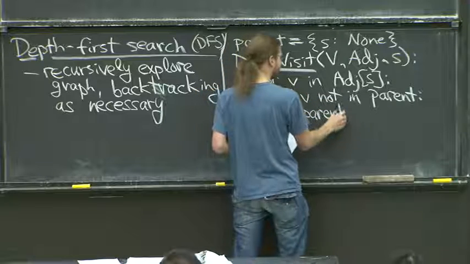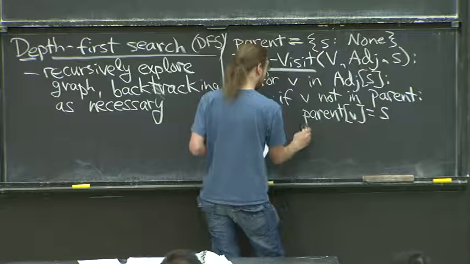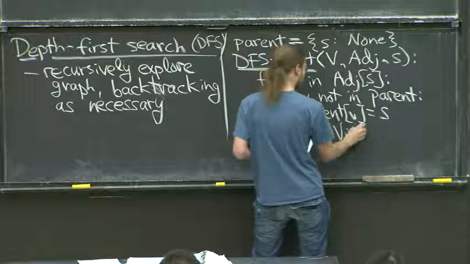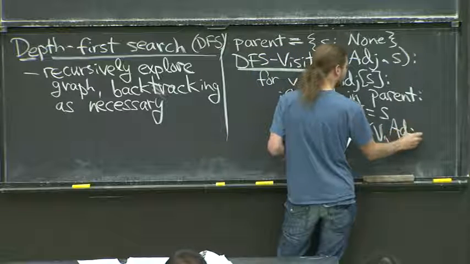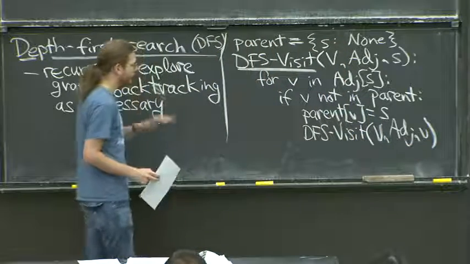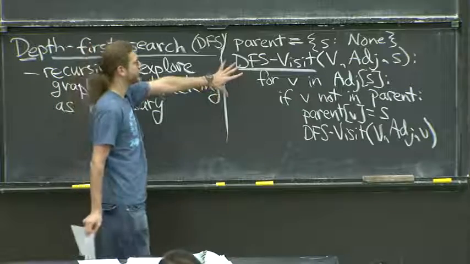It's 4 lines. That's it. I'm going to write a little bit of code after this, but this is basic depth first search.